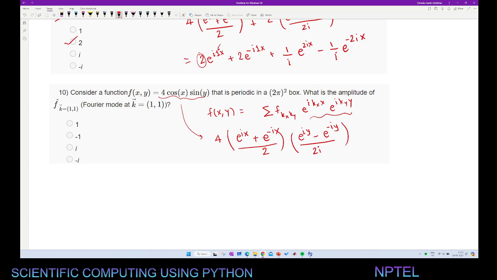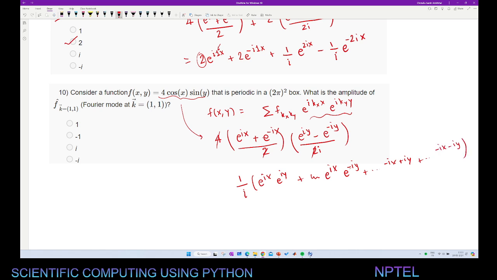So all in all you get 1 by i. These two twos are 4, which gets cancelled, and then you have e to the power ix, e to the power iy, then something with e to the power ix, e to the power minus iy, then you have minus ix and plus iy, and the last will be minus ix minus iy.